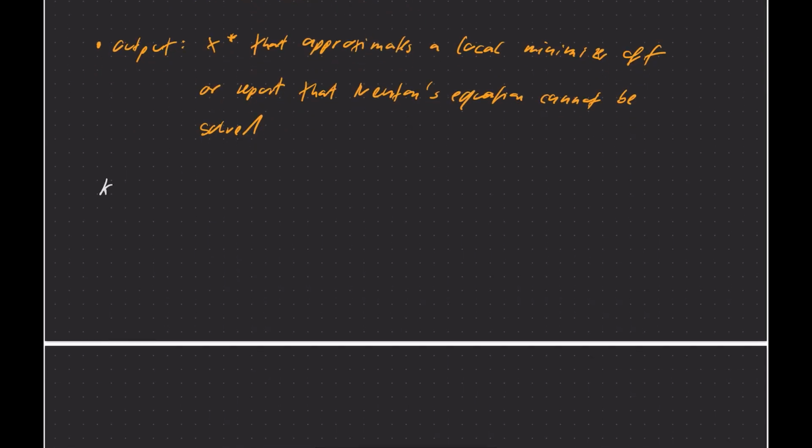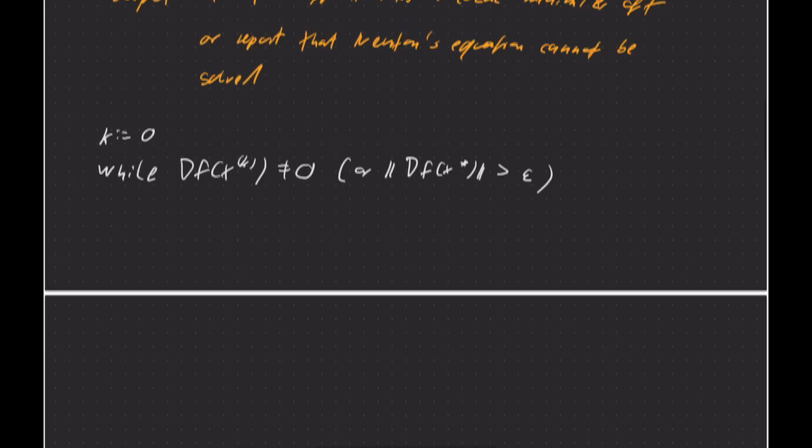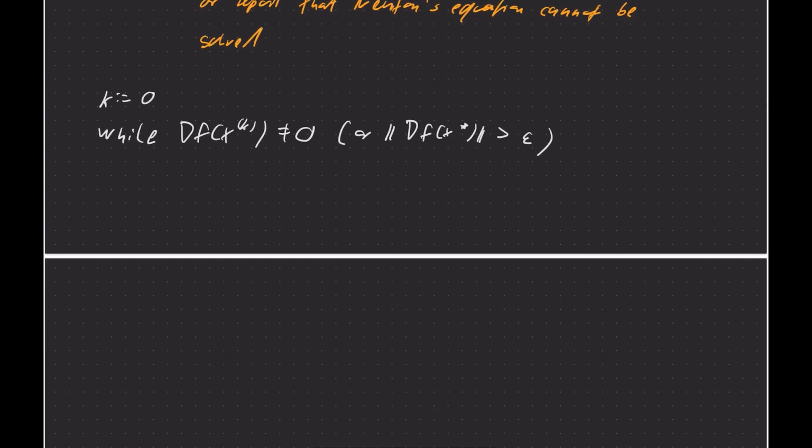And formally, we do pretty much the same thing as in gradient descent first. We start a counter. We initialize that at 0. And then we have a while loop that's going to run as long as our current iterate has a gradient that is not 0. And again, we could also impose the condition that the norm of the gradient is above a given threshold. So once it's close enough to 0, we could be satisfied because we only want an approximation anyway.